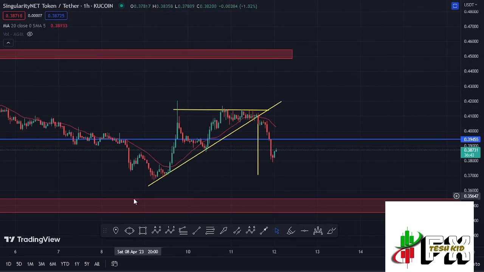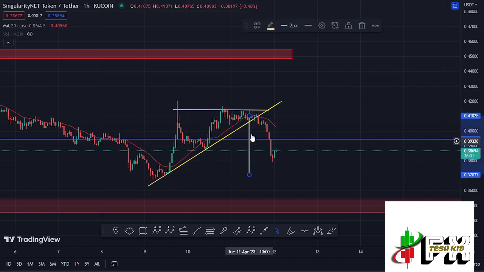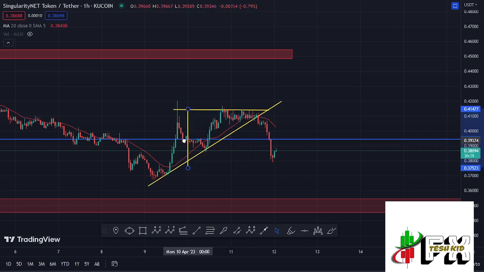Then we had this trend line over here, and at some point we lost our trend line to the lower side, and having lost that trend line, we continued unlocking lower prices in what is the breakout to the lower side.